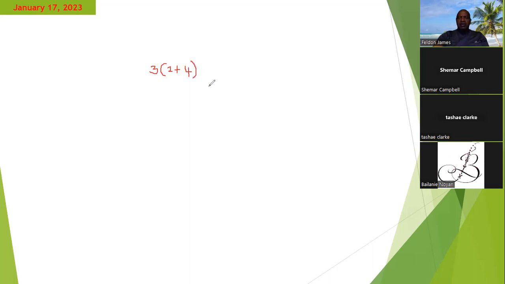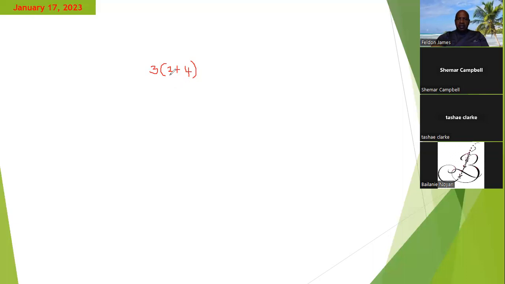Now, what you would have learned from BEDMAS is that you work out what is in the bracket first. So in this case, you would add 2 plus 4. You would also have known that whenever you have a number beside the bracket, there's an invisible multiplication sign between the bracket and the number.